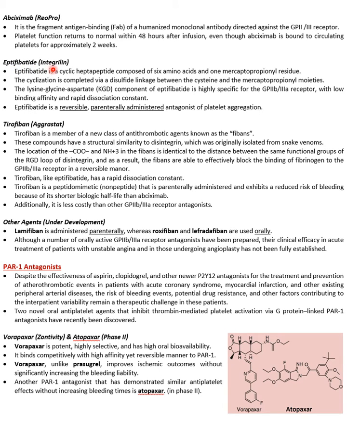The brand name is called Integrilin, and it's a cyclic heptapeptide, as we mentioned, composed of 6 amino acids. Now 3 of these amino acids are the ones that mimic the RGD. Okay, and then these 6 amino acids actually form a cycle, and the amino acids are linked through a disulfide bridge between the cysteine and mercaptopropionyl moiety.